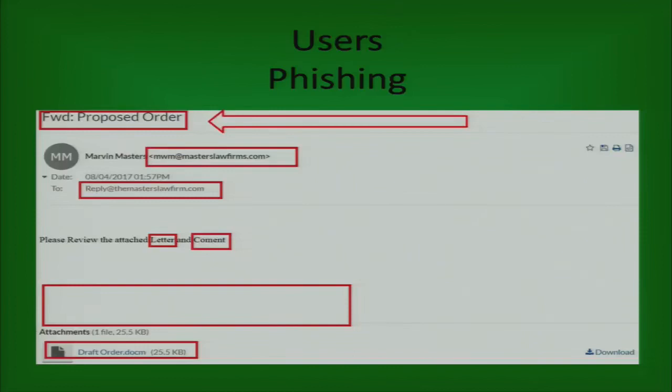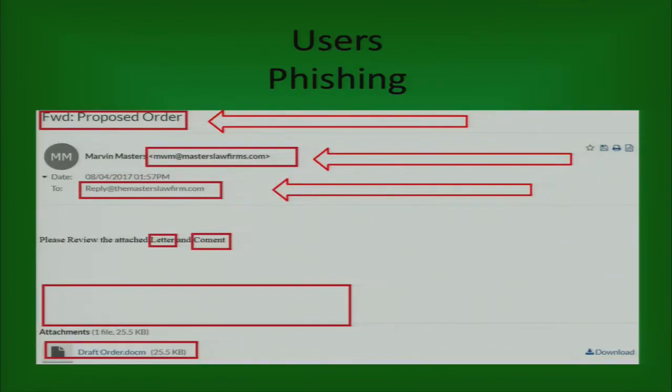The first thing is it says proposed order, when down in the bottom it says letter. The second thing is my boss's name is Marvin Masters, but that is not our domain name. Our domain name is themasterslawfirm.com, not masterslawfirms.com.